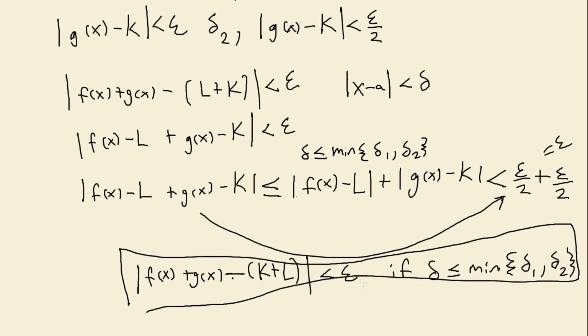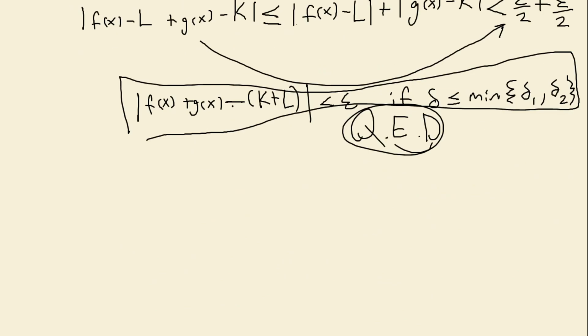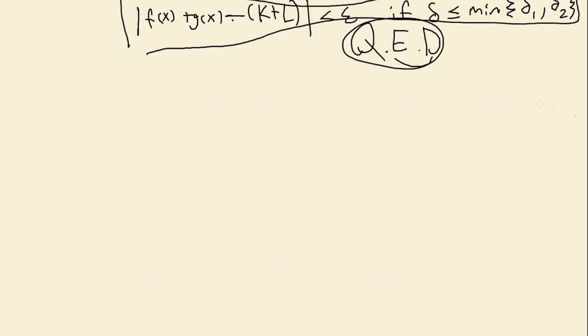So the addition property is going to be true for limits. And for subtraction, it's a lot easier now that we've proven the addition one. If we have the same case here, the limit as x approaches a of f of x is equal to L, and the limit of g of x is equal to k.